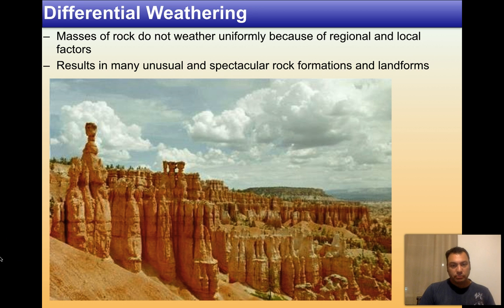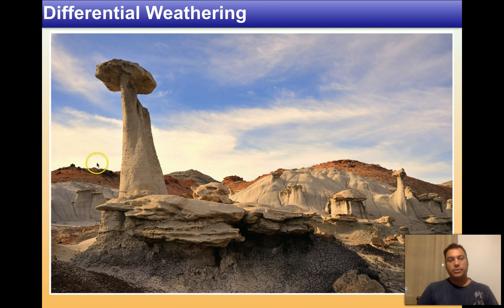Really, really beautiful place if you ever get the chance to go to Bryce Canyon. By the way, these columns of rock are called hoodoos. It's an old Indian word that is still actually used by geologists. Here's another hoodoo, right?